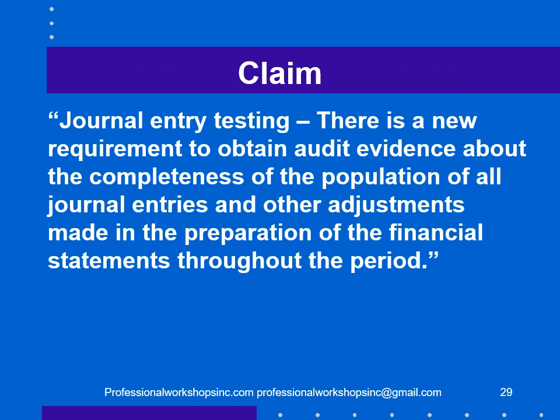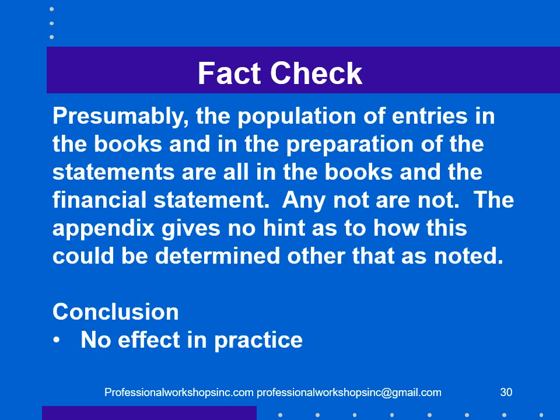Journal entry testing. There is a new requirement to obtain audit evidence about the completeness of the population of all journal entries and other adjustments made. Now, presumably the population of entries made in the books are all in the books. And any journal entries that are not in the books are not in the books.